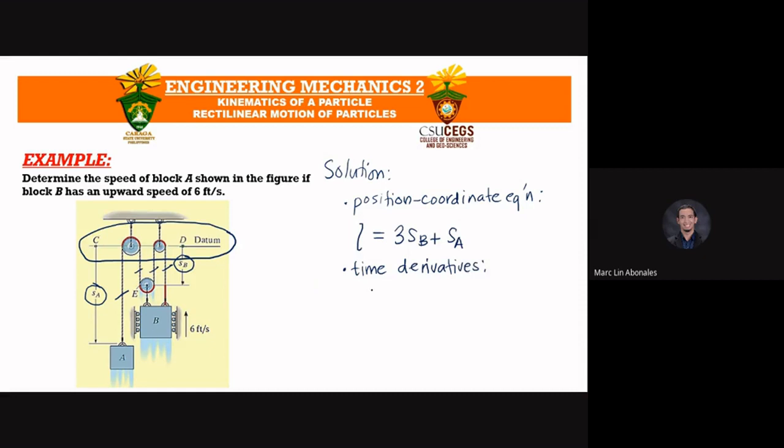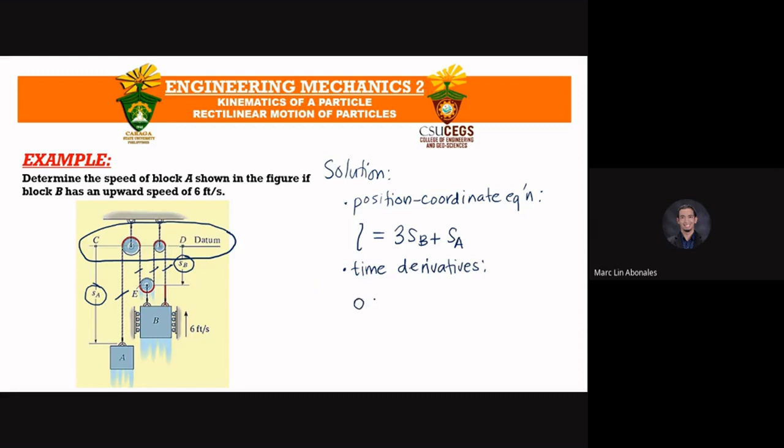For the time derivatives, we differentiate the equation with respect to time. From position, it will become velocity. For this equation, L will become 0 since it is constant.